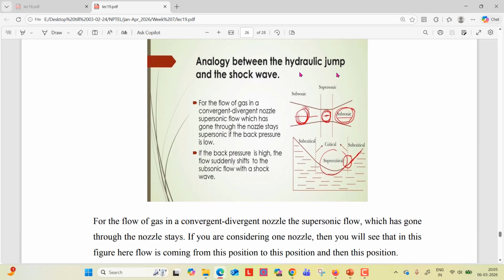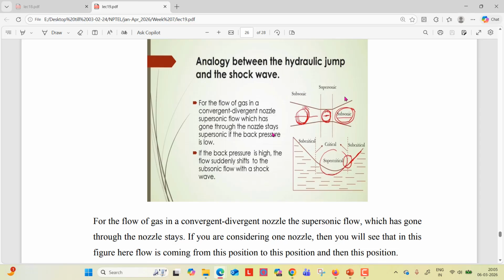You can see the analogy between the hydraulic jump and the shock wave. For the flow of gas in a convergent or divergent nozzle, supersonic flow which has gone through the nozzle stays supersonic if the back pressure is low. If the back pressure is high, the flow suddenly shifts to the subsonic zone, and that comes with a shock wave.